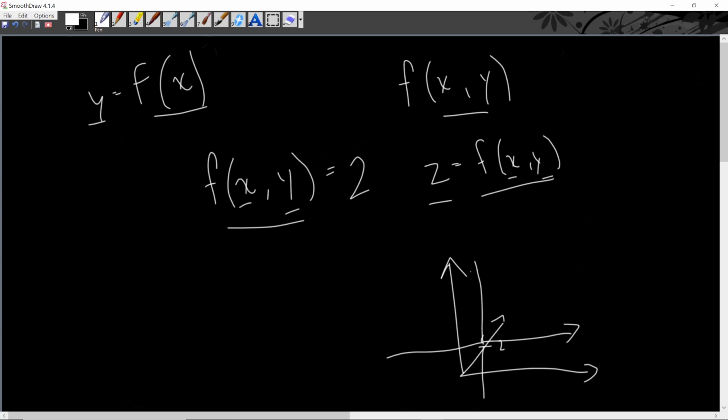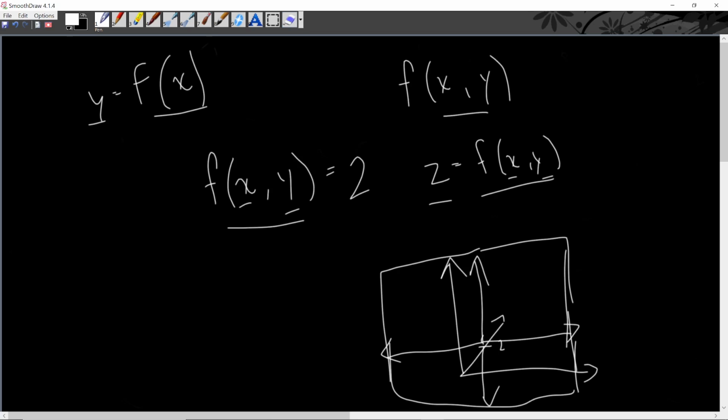If we look at that, this is going to be z equals f of xy, where that, not little, it's going to be large, square smack dab in the middle of the z-axis is going to be equal to 2.